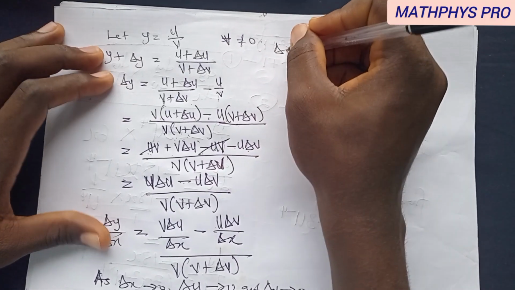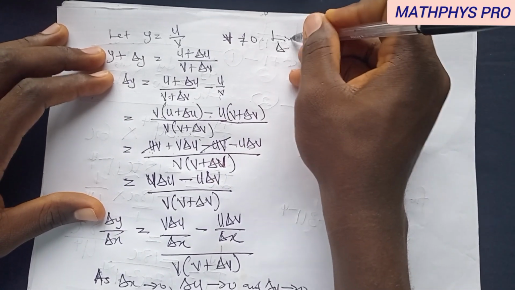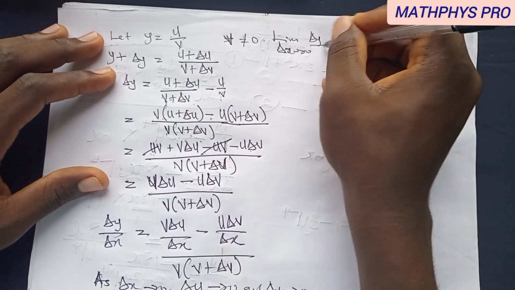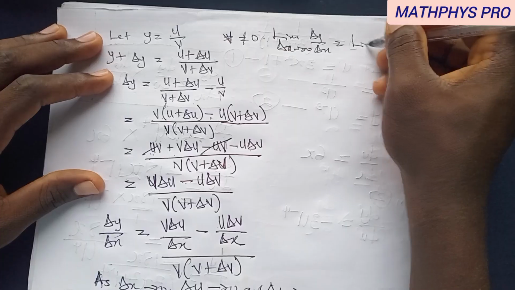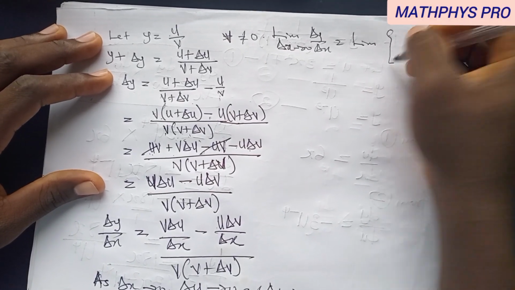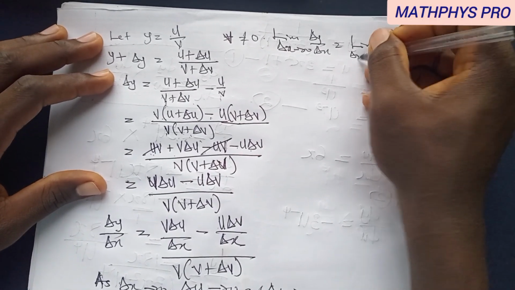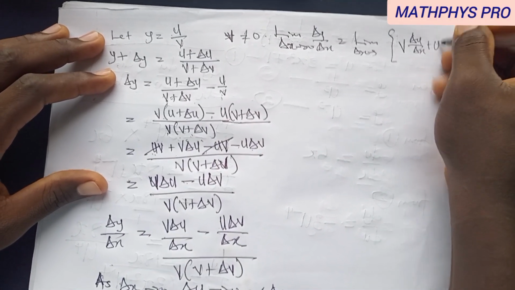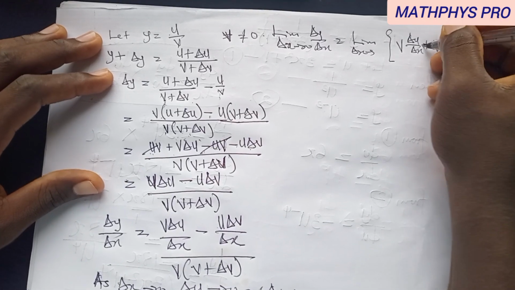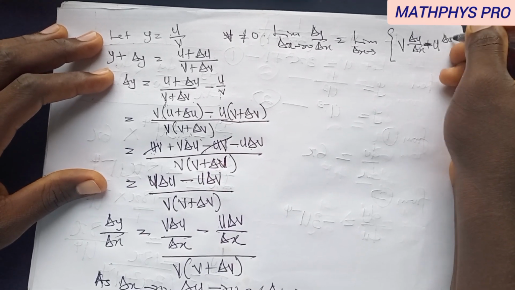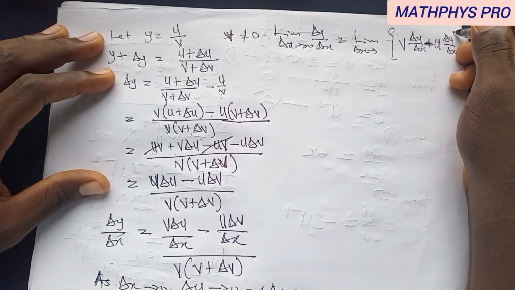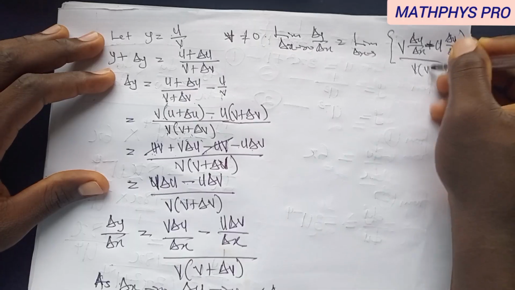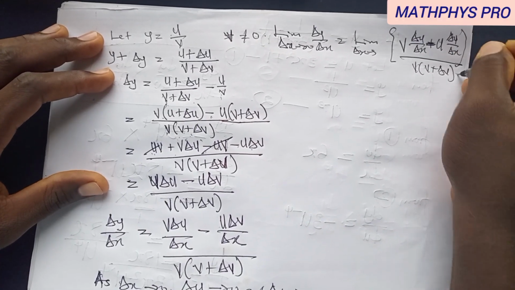We say the limit when change in x tends to 0 of change in y over change in x is equal to the limit when change in x tends to 0 of v change in u over change in x minus u change in v over change in x, divided by v times v plus change in v.